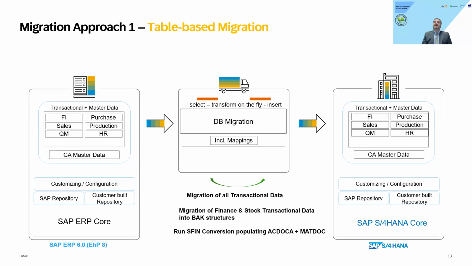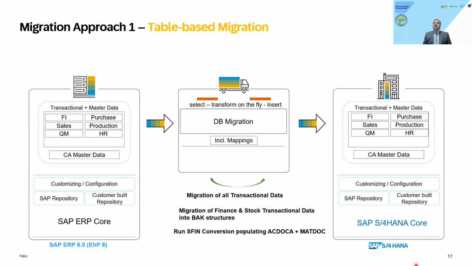Yeah, once we have created the system and we guarantee that the customizing of the target instance is in line with what we expect, we need to consider the migration of the data. To migrate the data, there are two main technologies in use in SDT projects. The first one, let's say the more popular SDT approach, is the table-based approach.